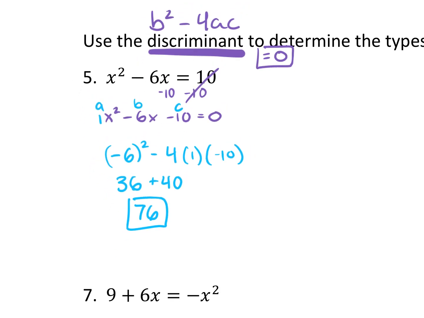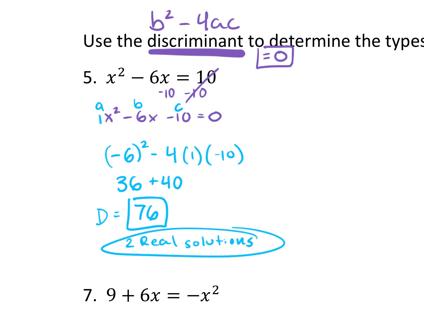That's part of our answer. That's just the discriminant. That's not our actual answer. That's not what x is equal to, but that's just our discriminant. How many solutions, if we have the discriminant of 76, what does that tell us? How many solutions do we have? 2 real solutions. So remember, because it's positive, we have 2 real solutions.